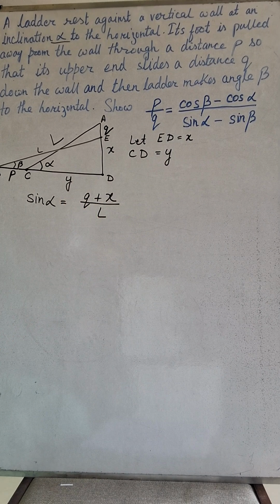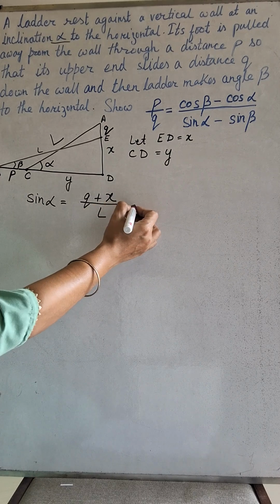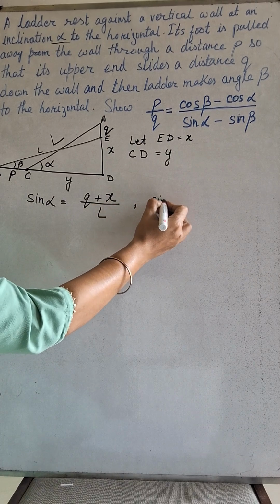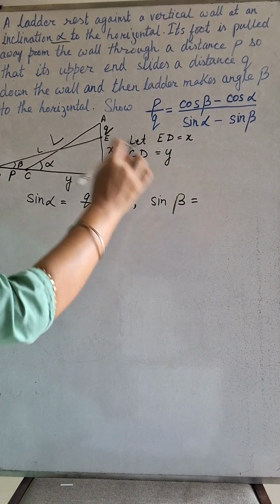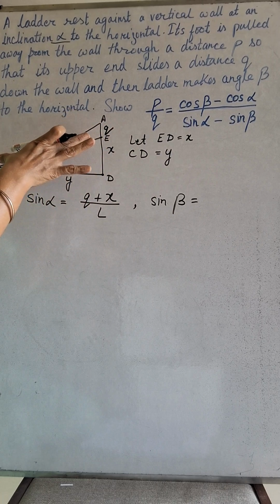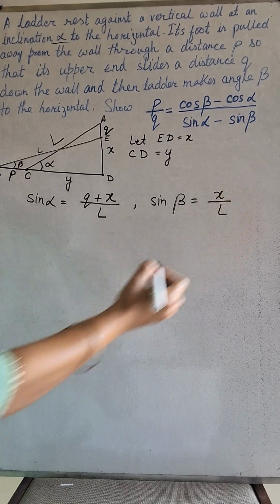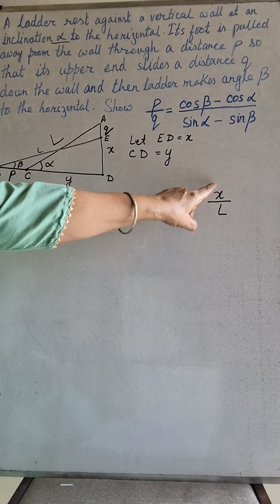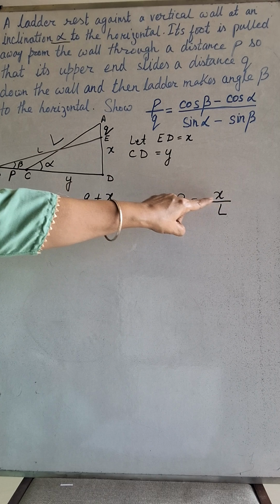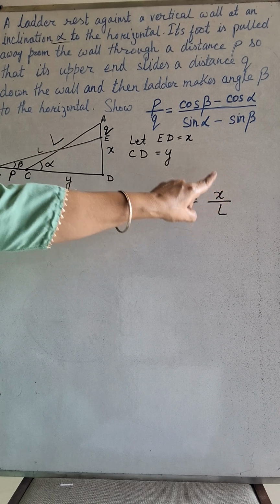Okay, similarly, if you solve for sine beta, it will be equal to opposite side by again hypotenuse. Hypotenuse is again L. So x by L. Now from this equation, you can substitute the value of x because x is not required.